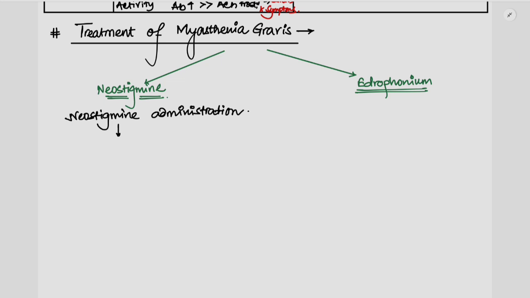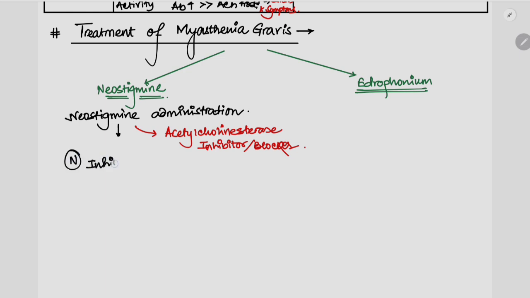What is neostigmine? It is basically an acetylcholine esterase inhibitor. Neostigmine is an acetylcholine esterase inhibitor or blocker. That neostigmine inhibits acetylcholinesterase.